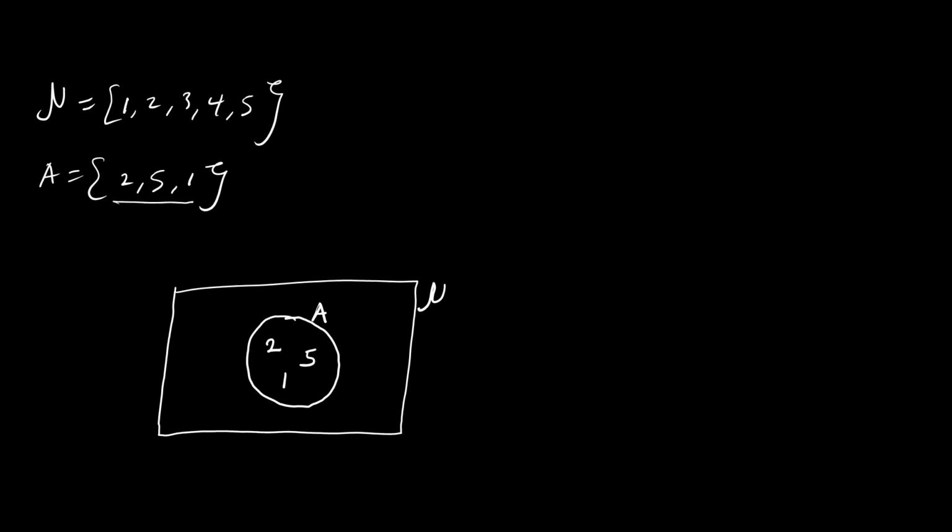And the elements in the universal set that are not in set A, we just take outside of the circle, and this includes 3 and 4. These can be placed anywhere; the order of the elements does not matter. So that is simply how you can represent a given set using a Venn diagram.